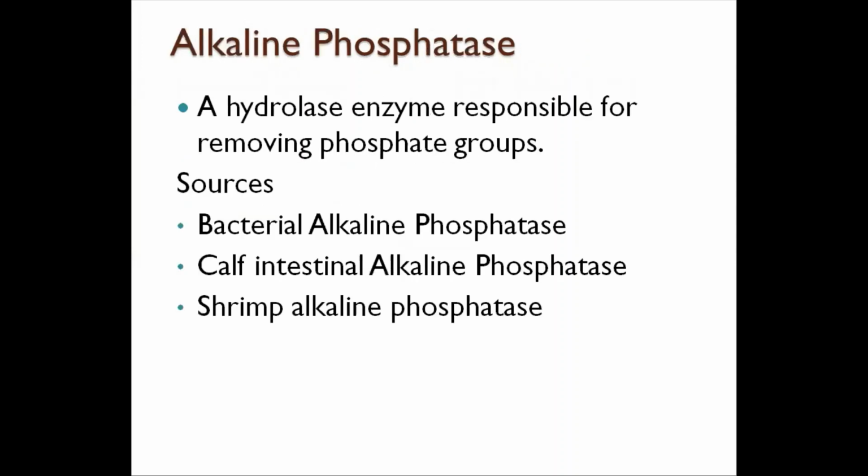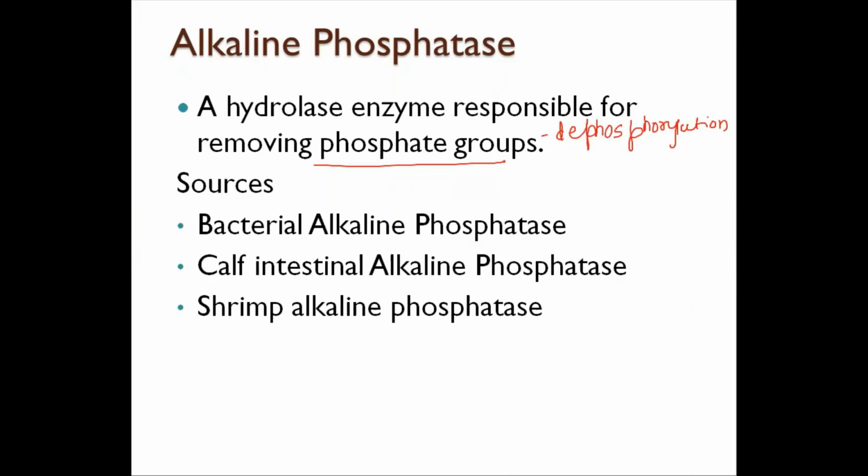Alkaline phosphatase. Alkaline phosphatase is a hydrolase enzyme which is responsible for removing phosphate groups from many types of molecules. The process of removing a phosphate group is called dephosphorylation. So in short, alkaline phosphatase works on the principle of dephosphorylation.